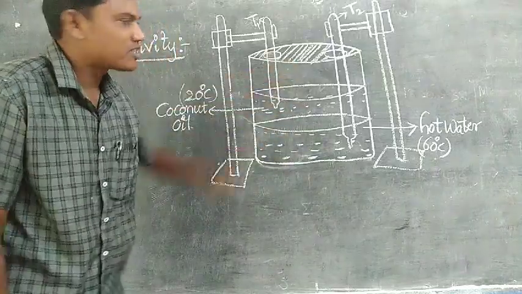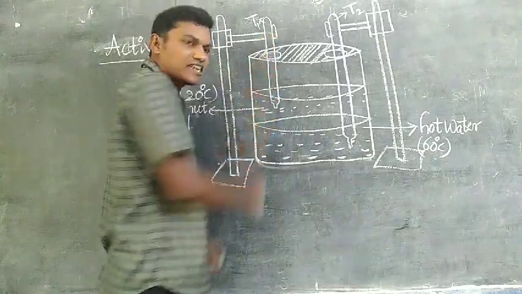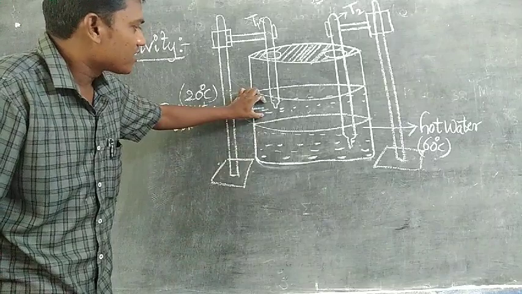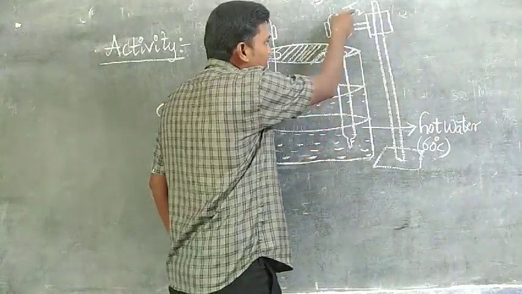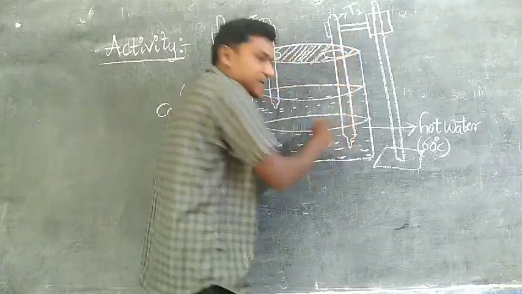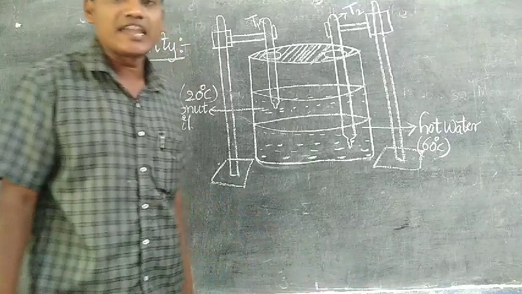At that time we observe that the temperature on the T1 thermometer gradually increases because the coconut oil absorbs the heat energy, and the temperature on the T2 thermometer gradually decreases because the water loses heat energy.